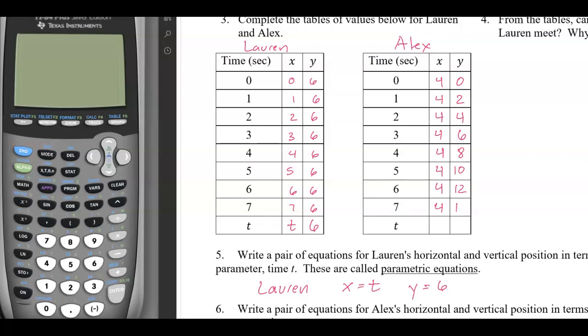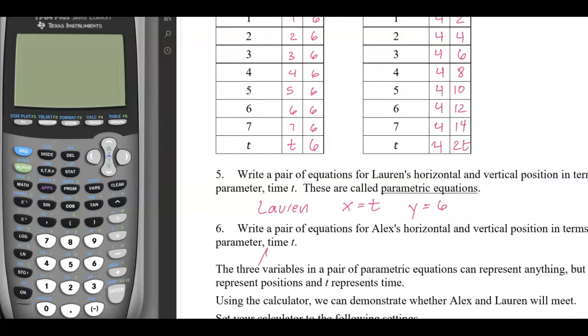How could you define Alex's x parametric? It's just 4, and what about the y parametric? 2t. So that is Alex's parametric equations: x equals 4 and y equals 2t.